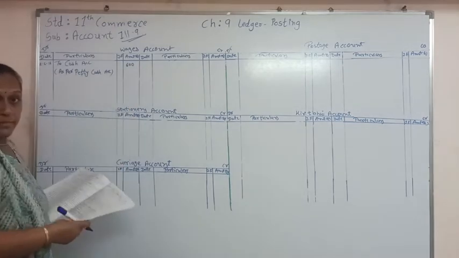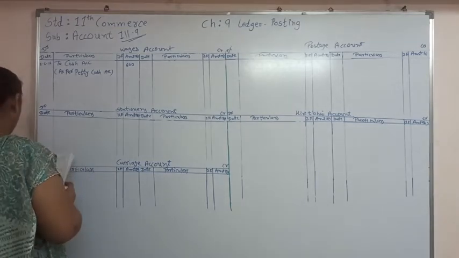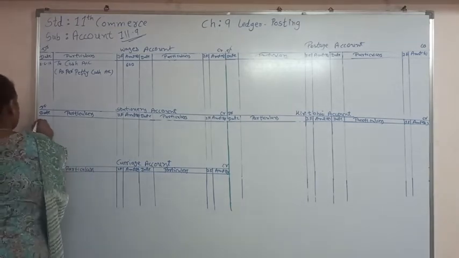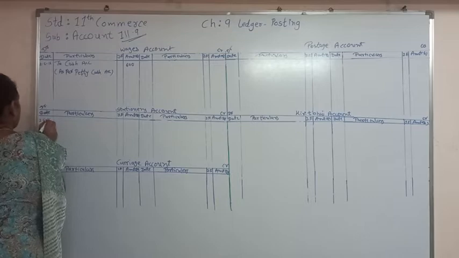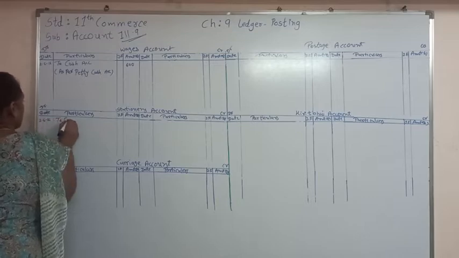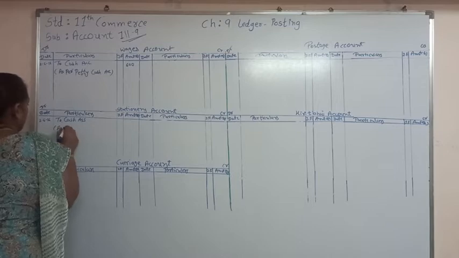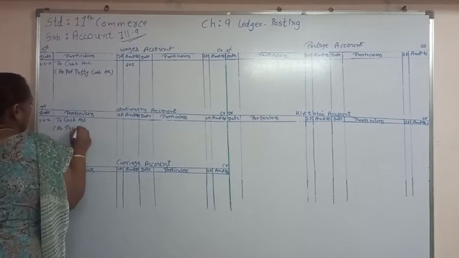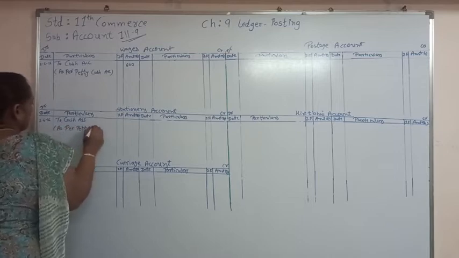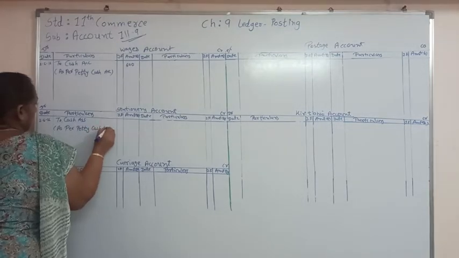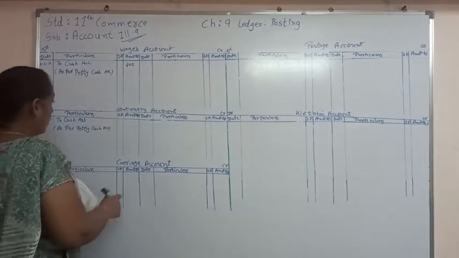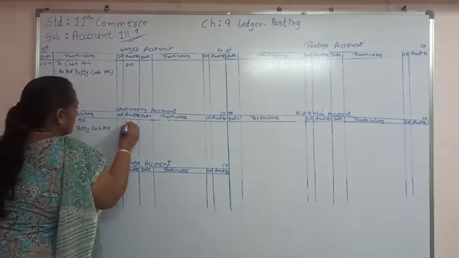Again on the debit side of stationery account, the date will be 2/6/16, to cash account as per petty cash book, and the amount will be 450.